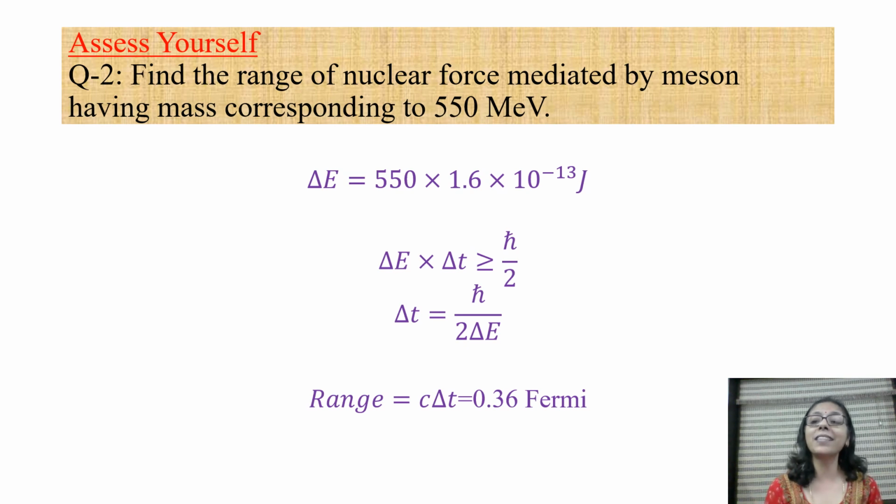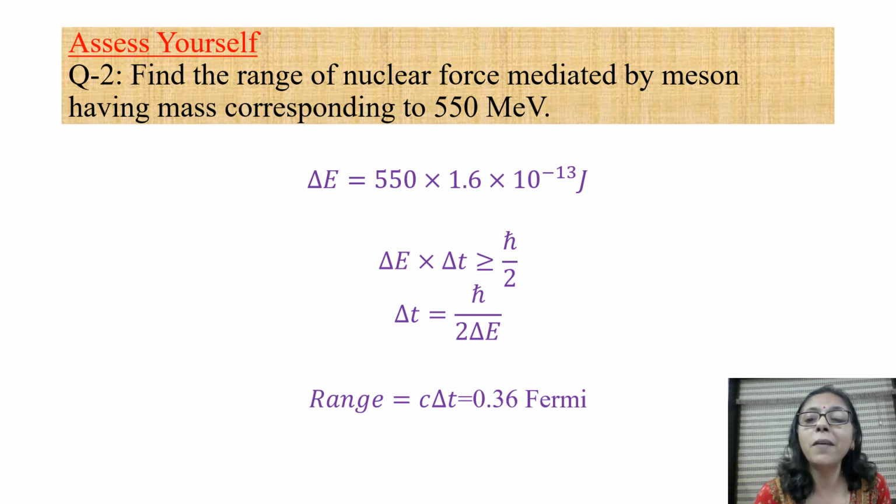Remember the Heisenberg's uncertainty principle which we had established in the slide just some time before? It was delta E into delta T should be greater than or equal to h cross upon 2. Now what is the value of delta E? It is 550 multiplied by 1.6 into 10 to the power minus 13 joules. I know you know how to convert MeV into joules.